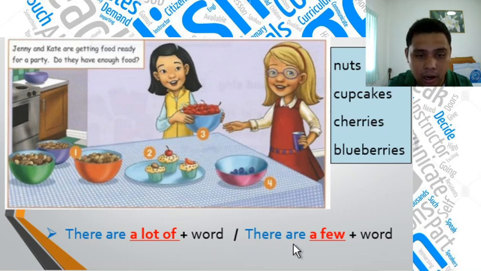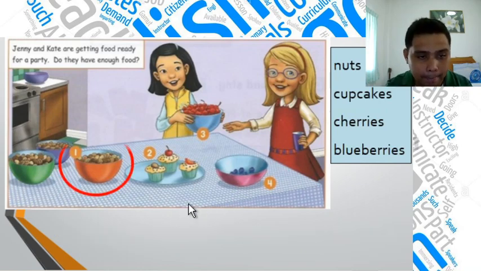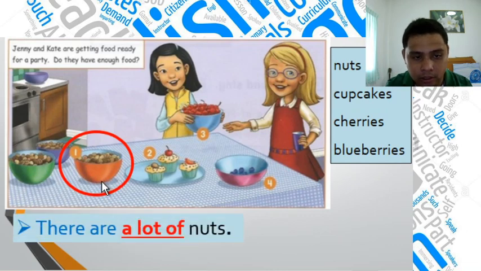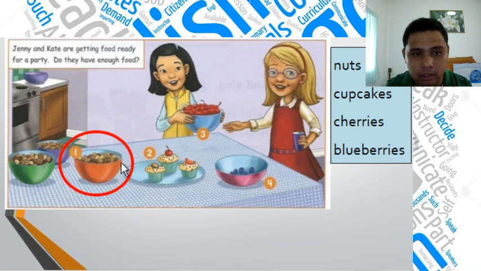Then there are a few plus the word. I will show you the example. Number one, let us identify number one by using there are a lot of nuts or there are a few nuts. So what will be the answer?